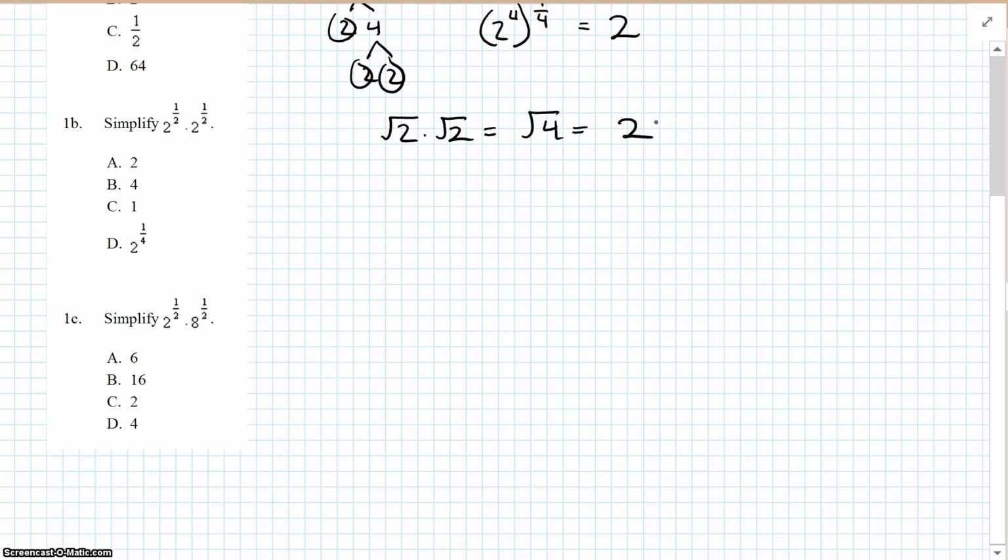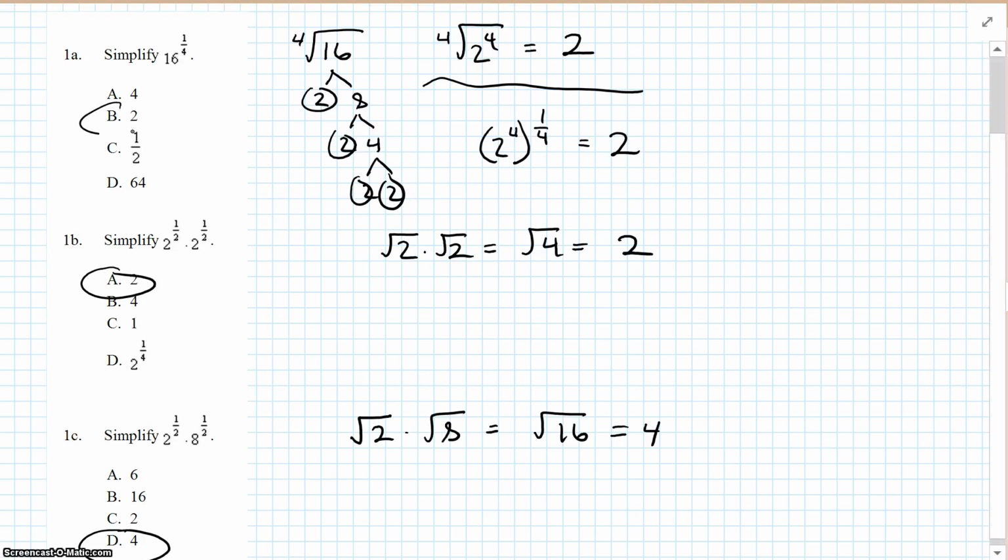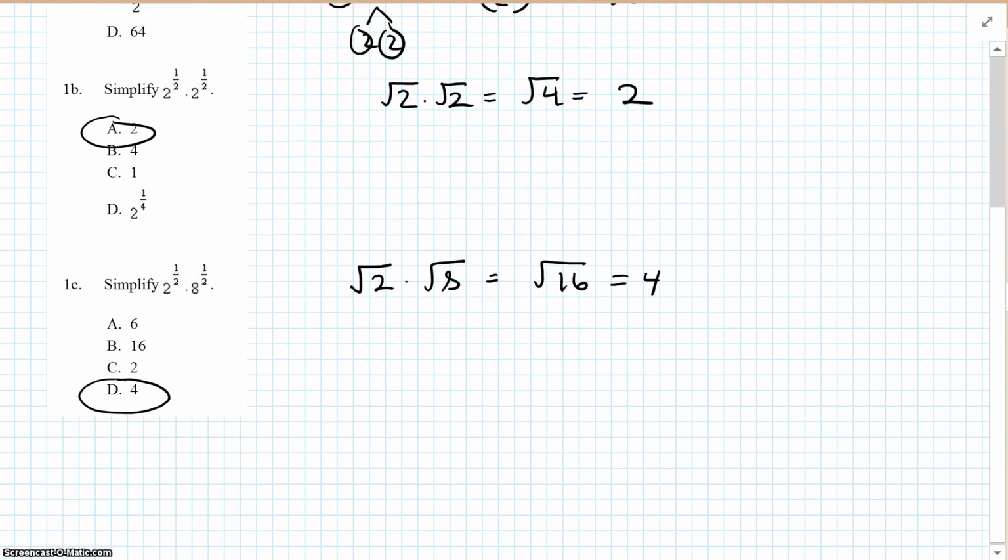Okay. Simplify: we could rewrite this as the square root of 2 times the square root of 8, which would be the square root of 16, which would be 4. All right, easy enough?